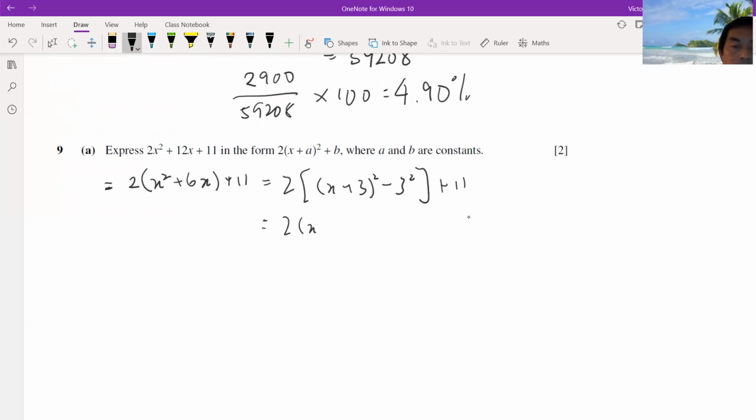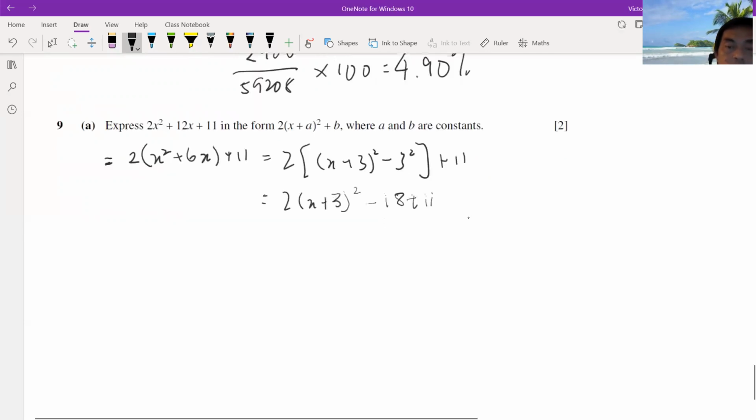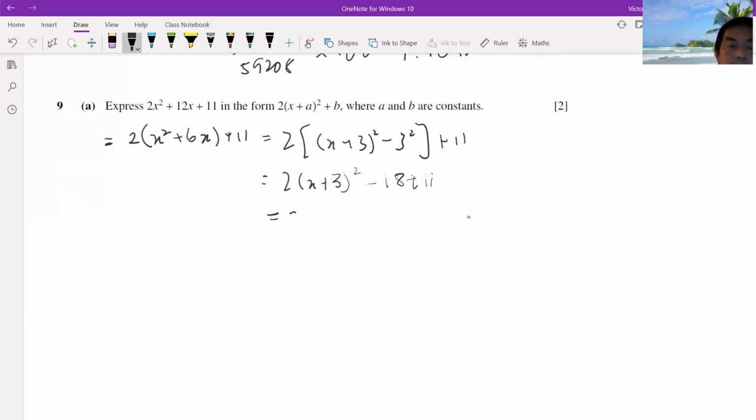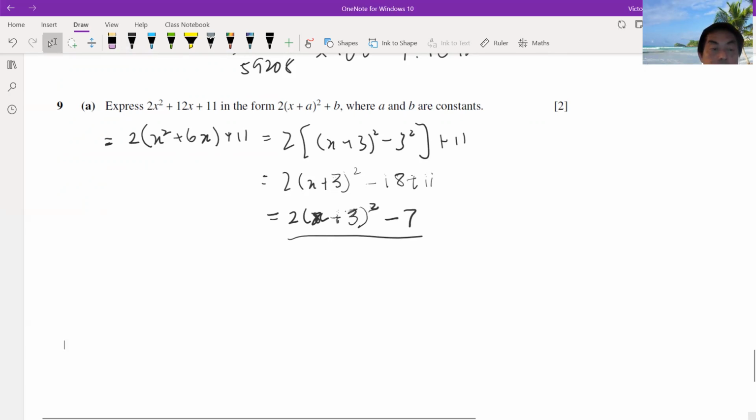And expand out. It's going to come out. Okay, that's your answer. Let's go to the next.